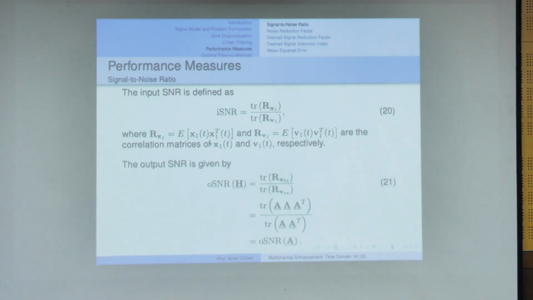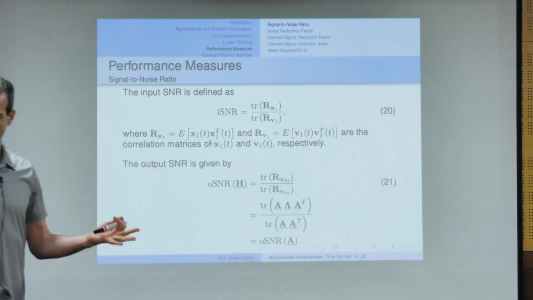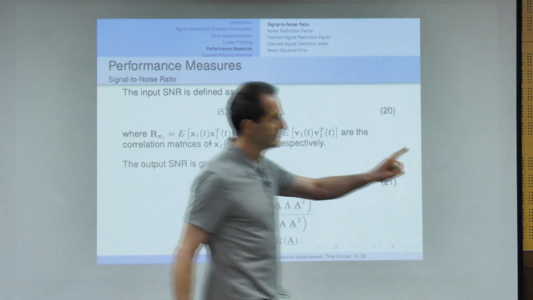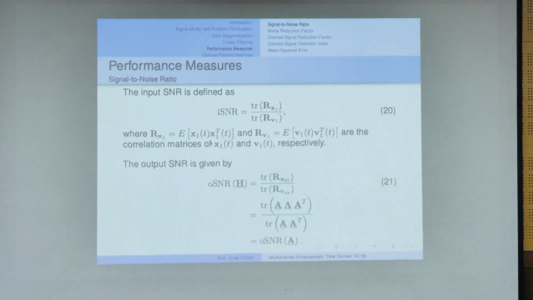Okay, so it is the improvement of the signal to noise ratio at the output of the array processing, compared to the input SNR in the single channel, in the reference sensor. So this is the array gain.